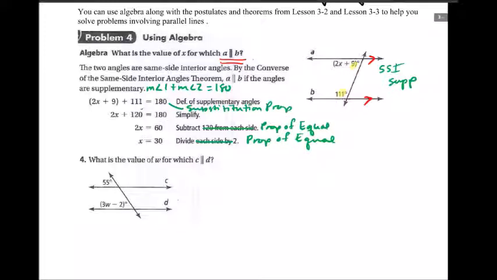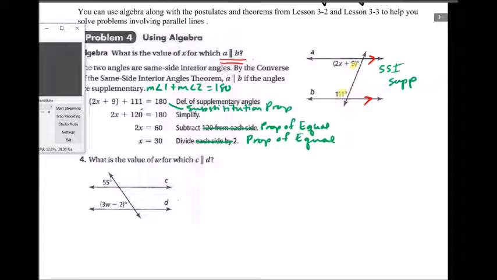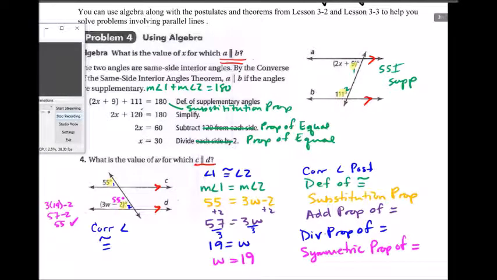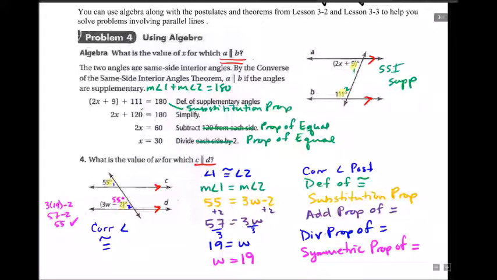So go ahead, pause the video, do the last problem. All right. So we were told that C is parallel to D, and then you should have noticed that you have corresponding angles. We know corresponding angles are congruent. So I marked them as angle 1 and angle 2 so I could identify them. I said angle 1 is congruent to angle 2 by my corresponding angles postulate, and then I set the measures equal by the definition of congruence. Remember that these two steps frequently go together.